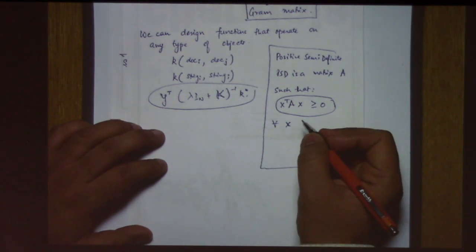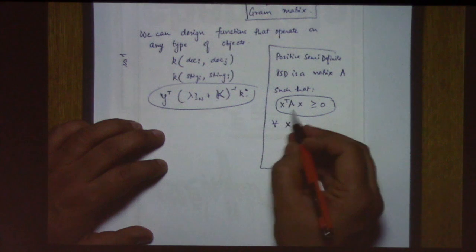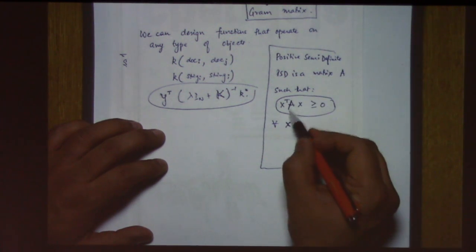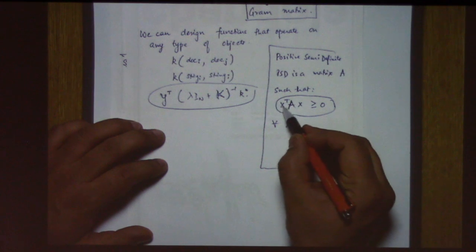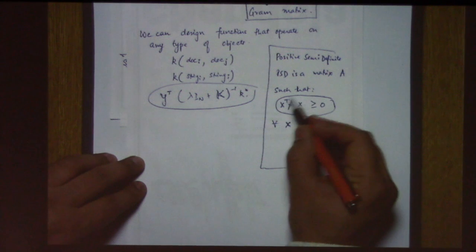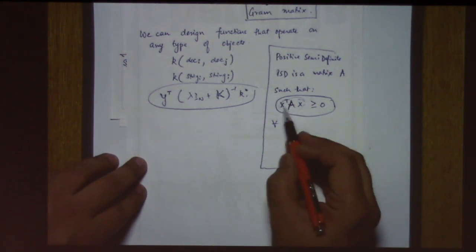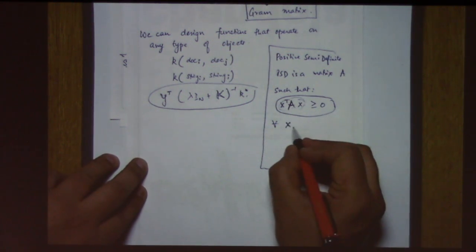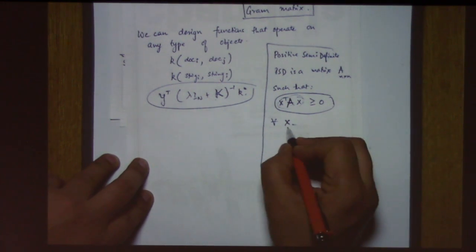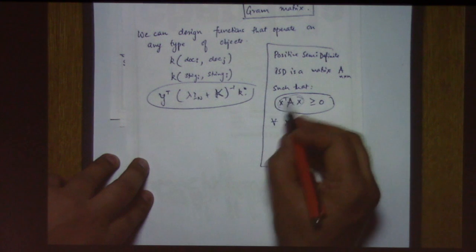Anyone can confirm this? But basically, a matrix A is positive semi-definite if for any vector x, you multiply x transpose with that matrix and then x, then this value will always be a scalar, right? Let's say A is n cross n, then x transpose A x will be 1 cross 1, so this value will be a number.